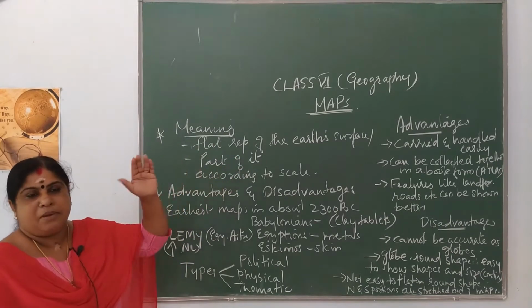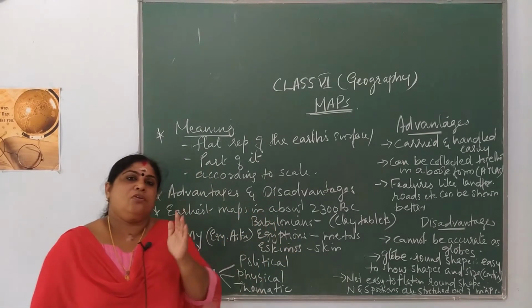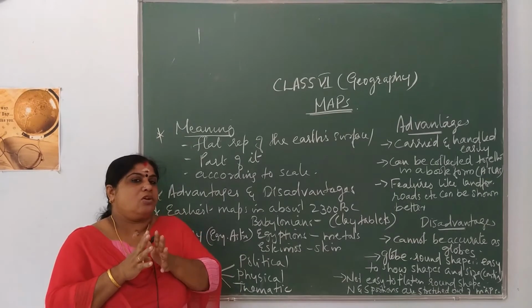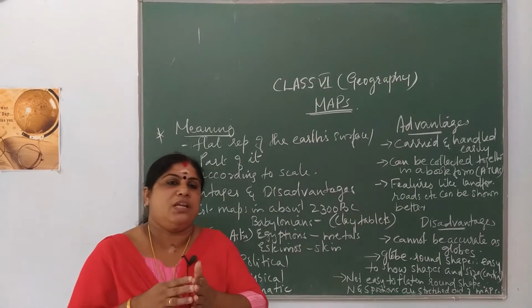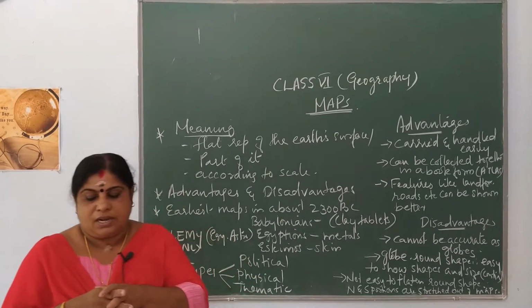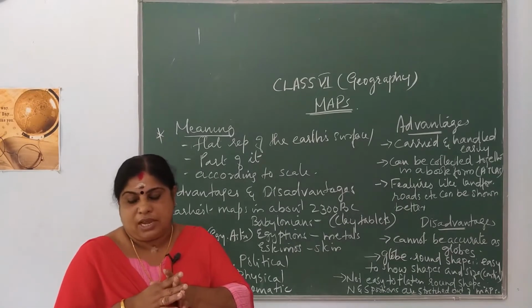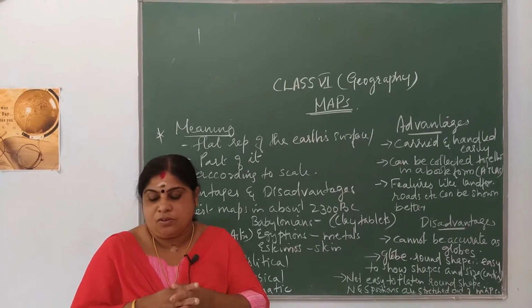Now you can make a comparative study between a map and a globe. All of you know a globe is a model of the earth, and this globe has lots of disadvantages also. Even though it is useful, it has lots of disadvantages. One of the main disadvantages of a globe is that it's not easy to carry. A globe cannot be carried everywhere you go.